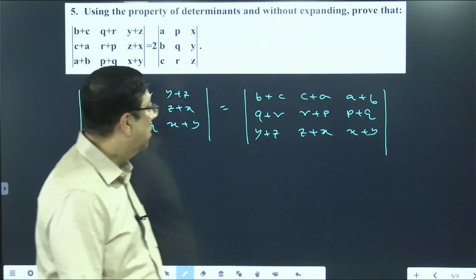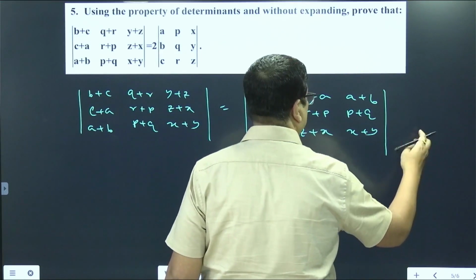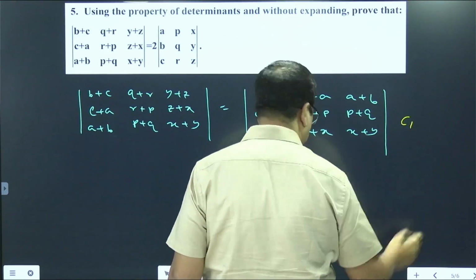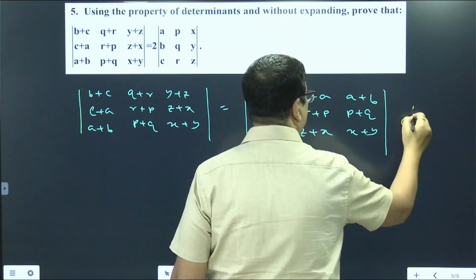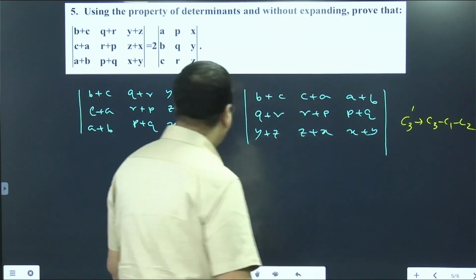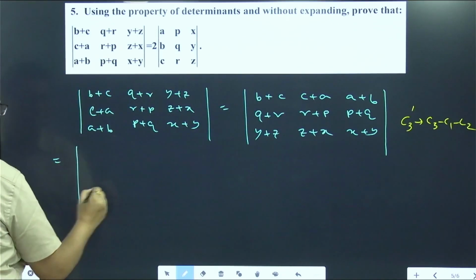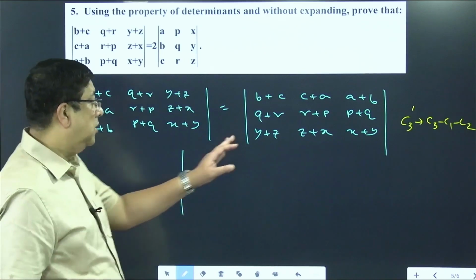So, what can be done? Let's on C3, let us make one operation which is C3 minus C1 minus C2. So, if we do this operation, what is coming here? So, on C3 we are changing.